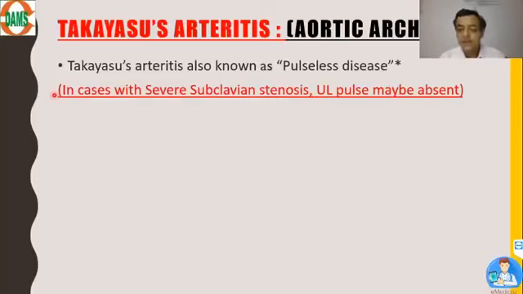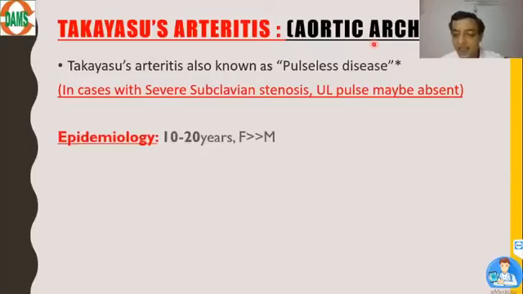And that is why it was called the pulseless disease. But as I told you, we are not going to consider that because it is a rare and late feature of the disease. So the best name is the aortic arch syndrome. We want to remember that.